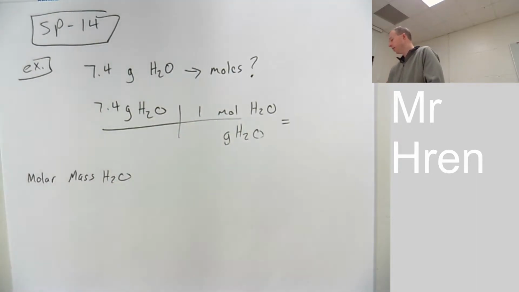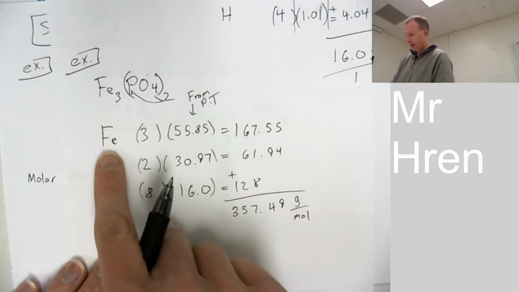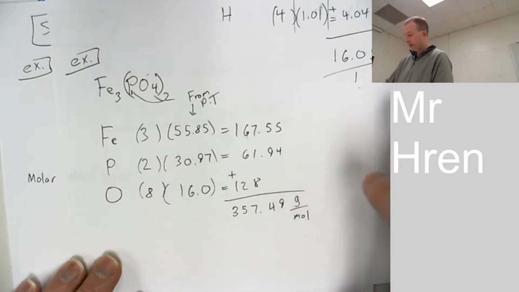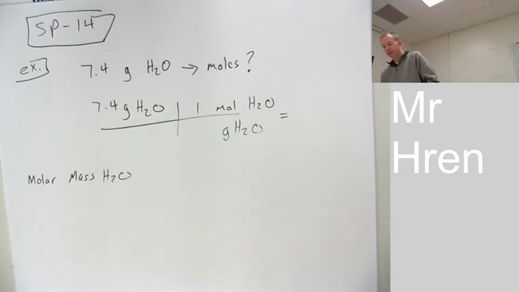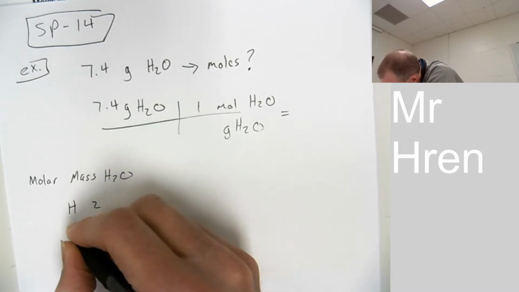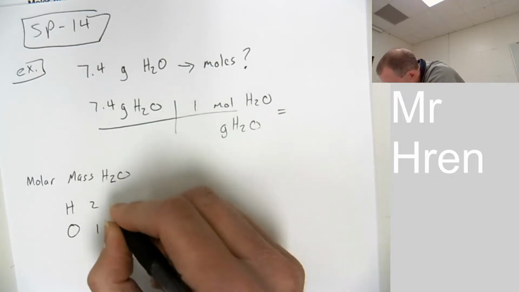This goes back to those problems we did previously, where you were breaking it down and adding up the different elements together. It's not meant to be that big of a challenge. For H2O, you have 2 H's and 1 oxygen.